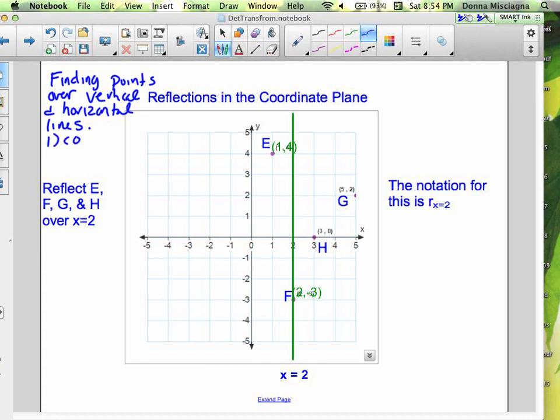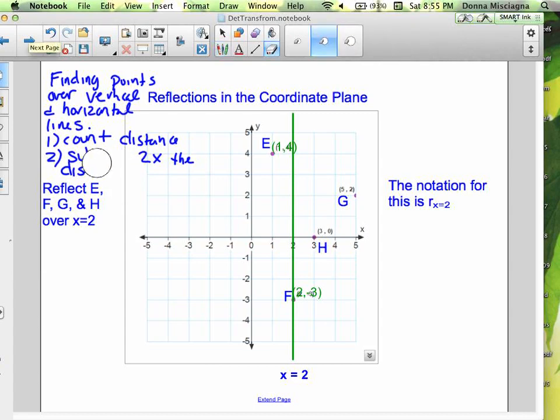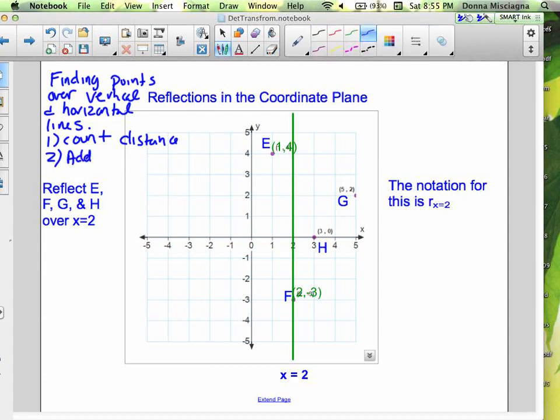Number 1, you could count. So just count the distance, then just go in the other direction. Number 2, add 2 times the distance, and I'll show you what I mean.